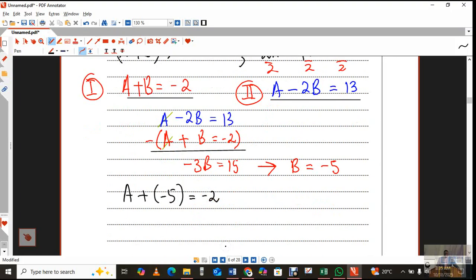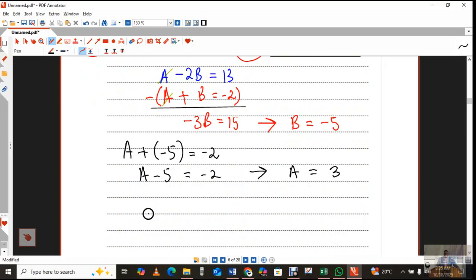Of course, this becomes a minus 5, okay, then eventually the value of a would be negative 2, add 5, and that is the same as 5 minus 2, which gives you 3. Eventually my answer is therefore a equals 3 and b equals negative 5.